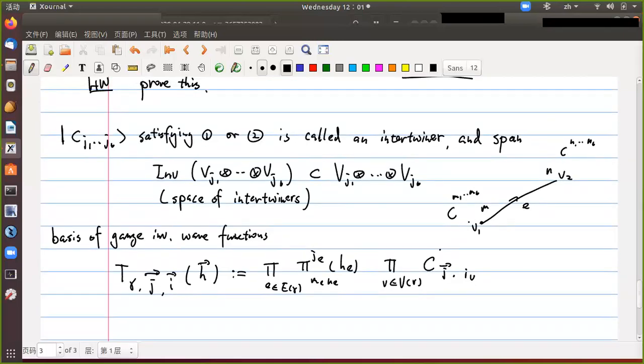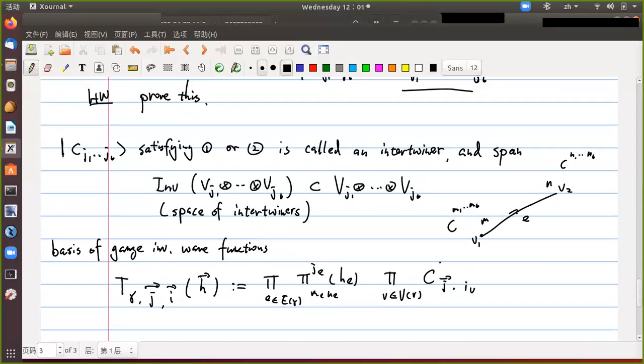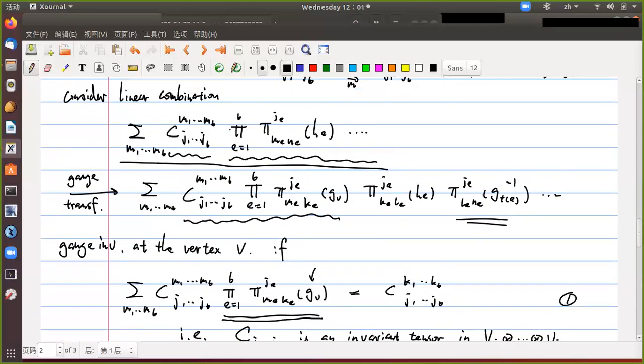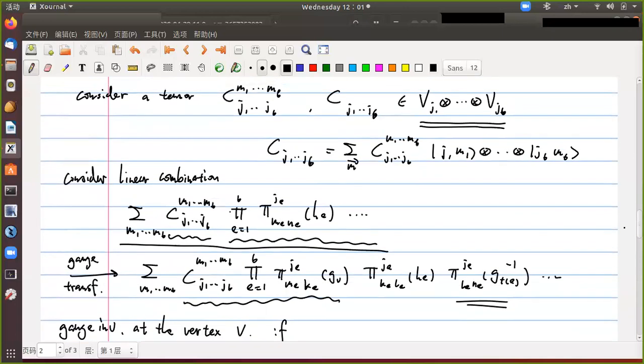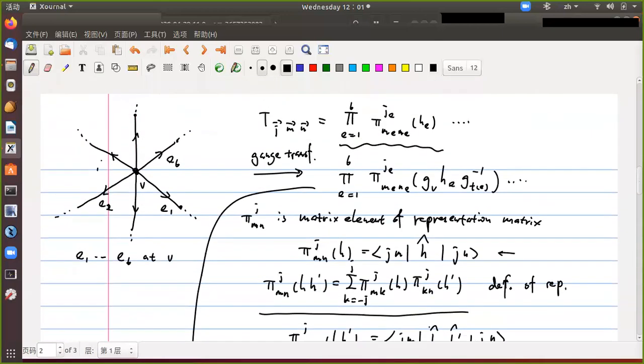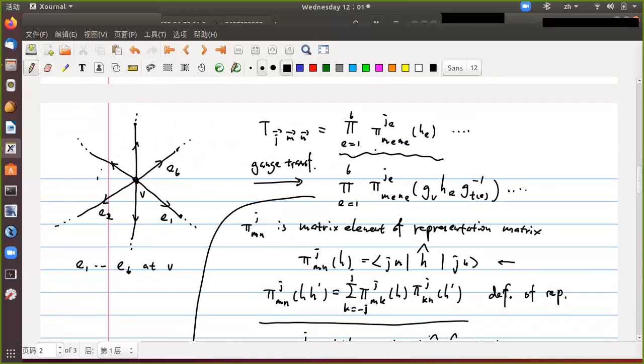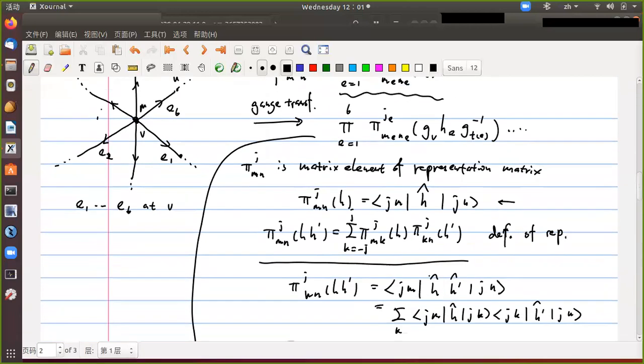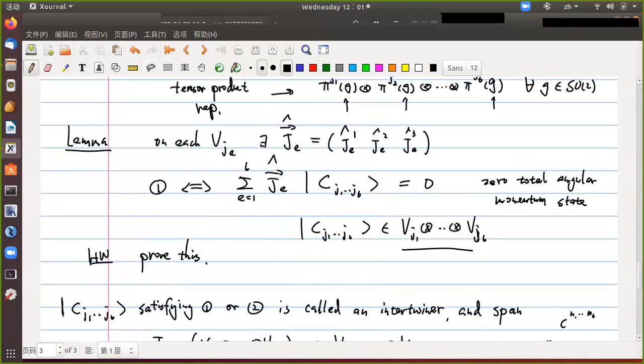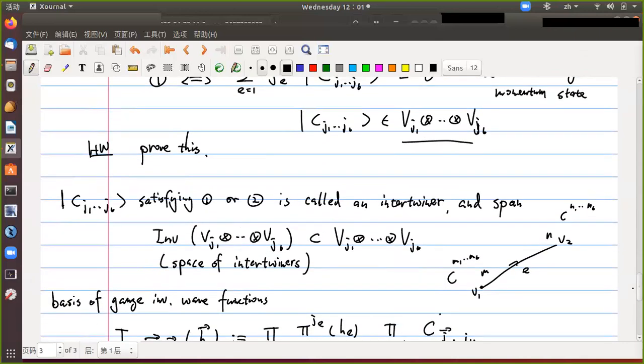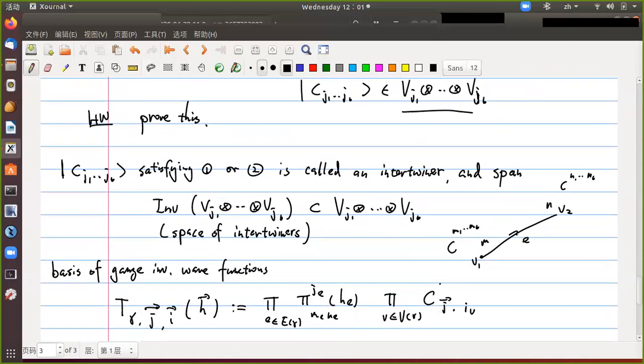So this distribution of M and N indices at V1 and V2 is also clear from the formula. The M index is contracted with this invariant tensor C at the vertex, so we are putting the M index around V and the N index at another vertex. This is a visualization of this contraction.